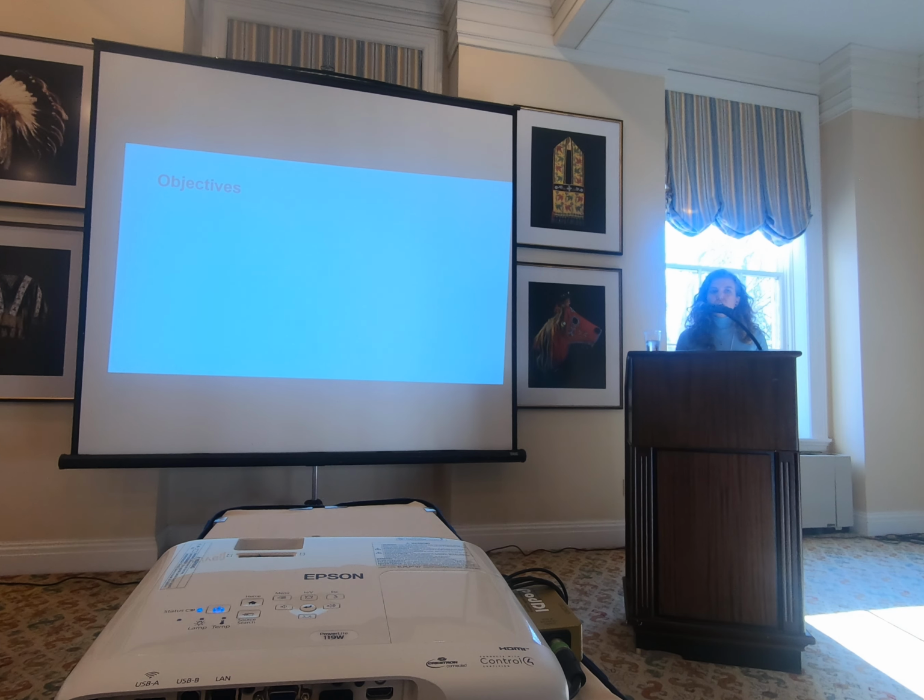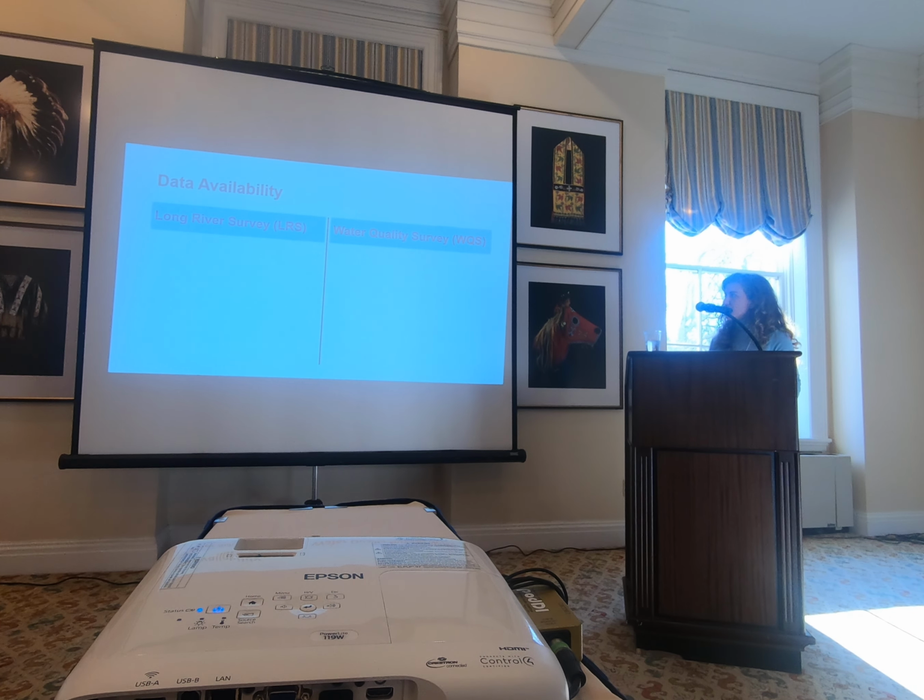So the two objectives of the study are to identify the key environmental variables influencing bay anchovy suitable spawning habitat use and distribution within the Hudson River Estuary, and develop habitat suitability index models to find now and forecast changes in the suitable habitat and distribution within the estuary.